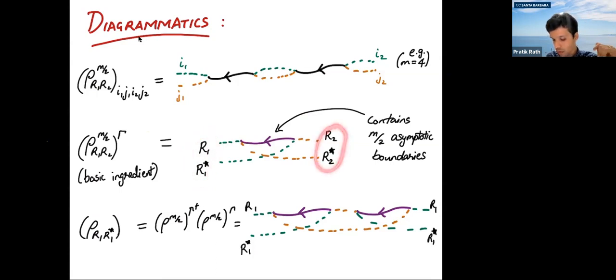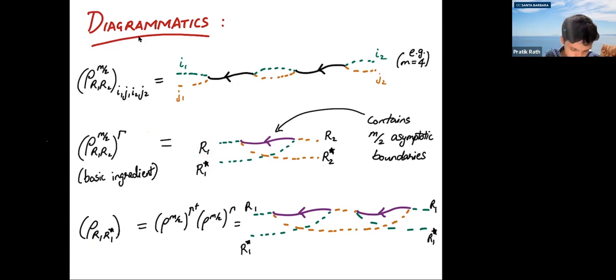Well, maybe this is confusing. So maybe I should say this is precisely entangled with the states on R1 and R1 star, like the radiation. Whatever index, if you have some index I on R1, then you have the same index on this brane.